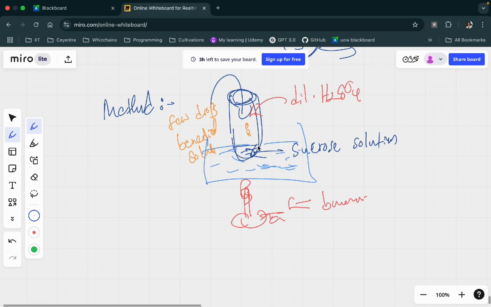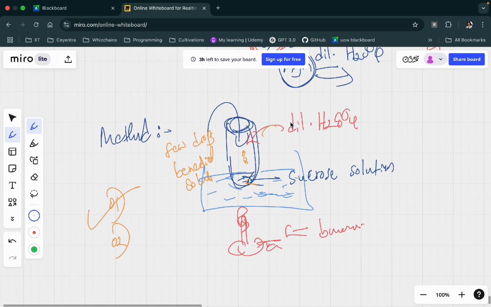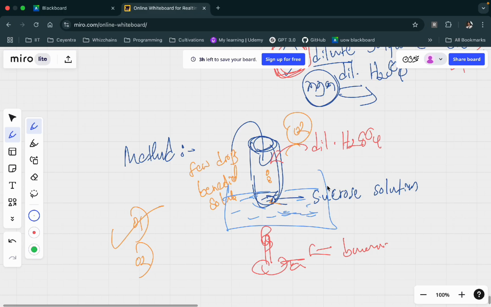First you need to take the boiling tube with the sucrose solution. Then you need to add dilute H2SO4 into it. Then you need to heat it, within a water bath.